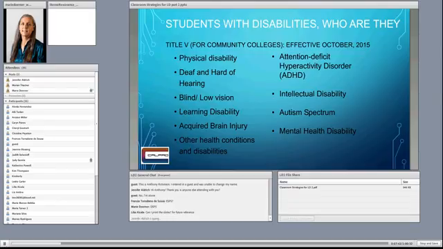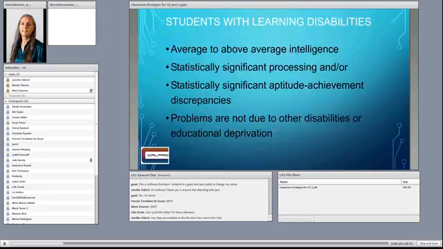We used to have a disability called developmentally delayed learner, and the new name is intellectual disability, autism spectrum, and mental health disabilities. So they're all in your classrooms, and each one has their own identities, I guess.